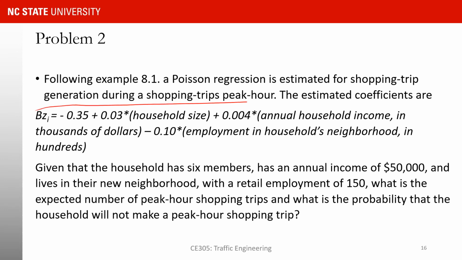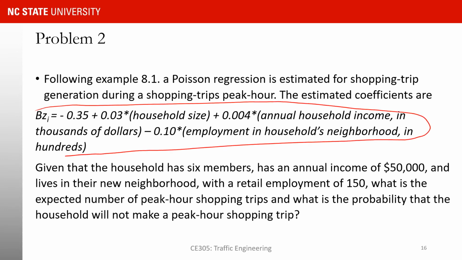You see that B sub zi is equal to negative 0.35 plus 0.03 into household and so on. Given that the household has 6 members, annual income of 50K, and they live in a neighborhood with a retail employment of 150, what is the expected number of peak hour shopping trips? And what is the probability that the household will not make a peak hour trip?